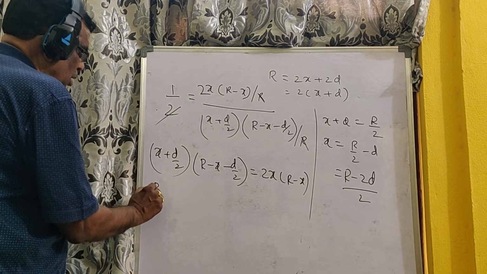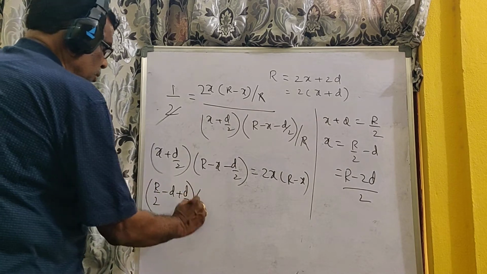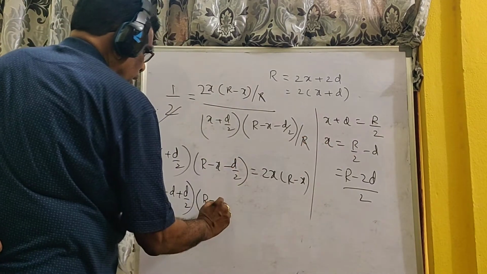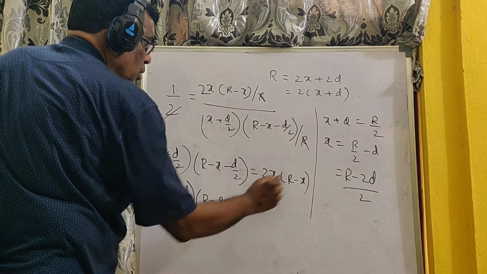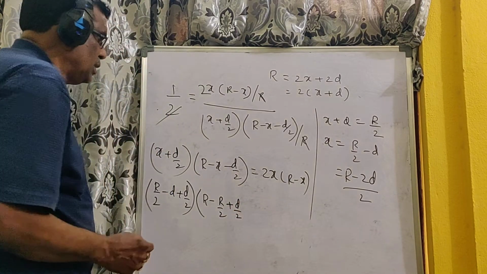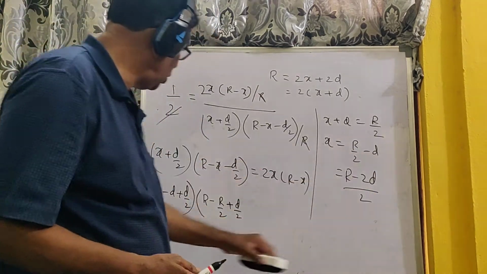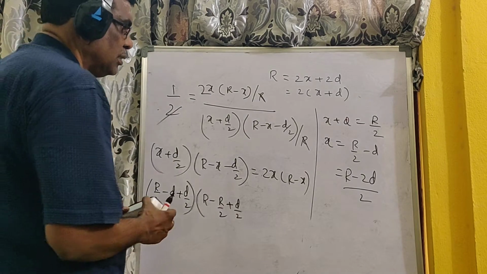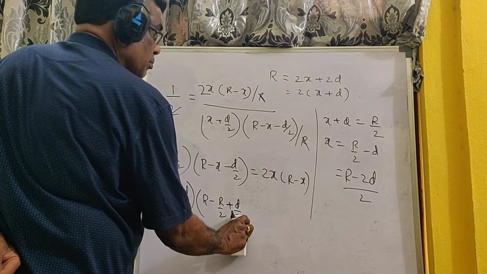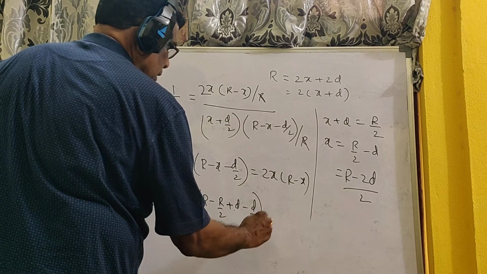If I substitute r by 2 minus d, you have already got plus d by 2, and here r minus x, that is minus r by 2, minus of minus is plus, r as it is, minus r by 2 plus d, and this side minus d by 2.